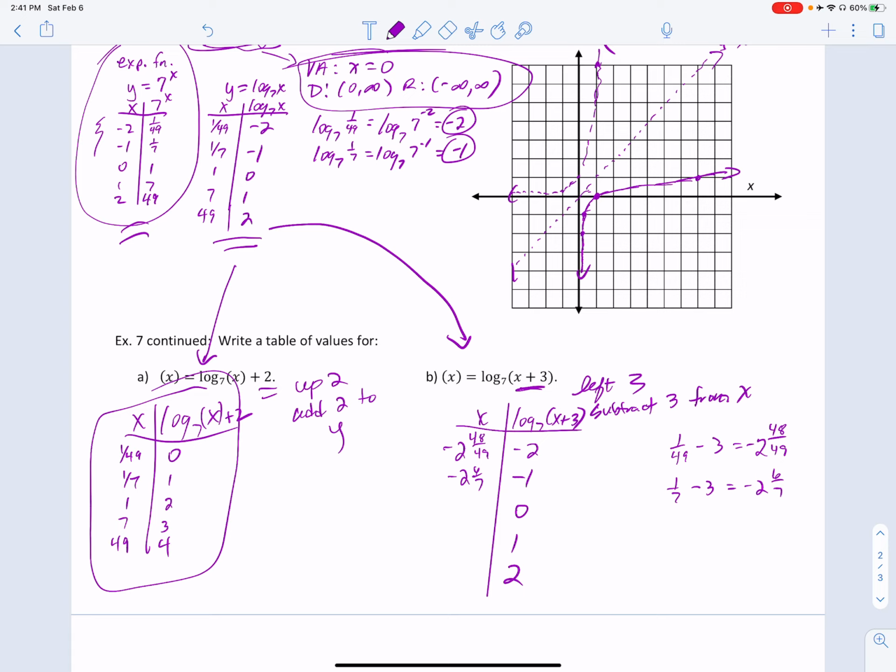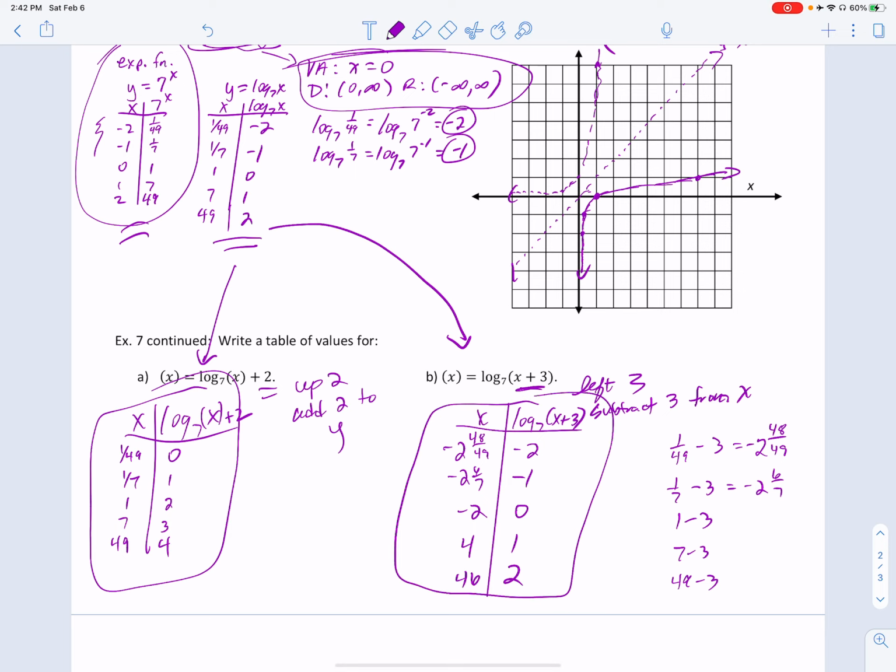And then we have 1 minus 3 for the x's is going to be at a negative 2. Then we have 7 minus 3, which is going to be at 4. And then 49 minus 3, which is going to be at 46. And there are the table of values.